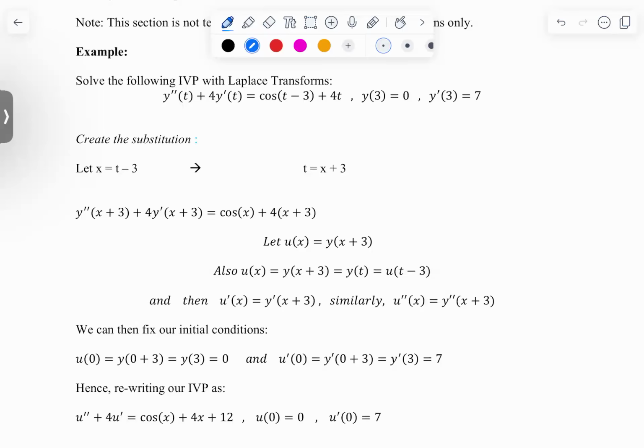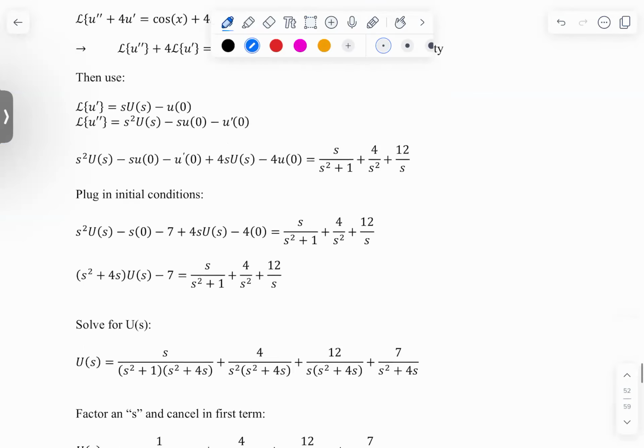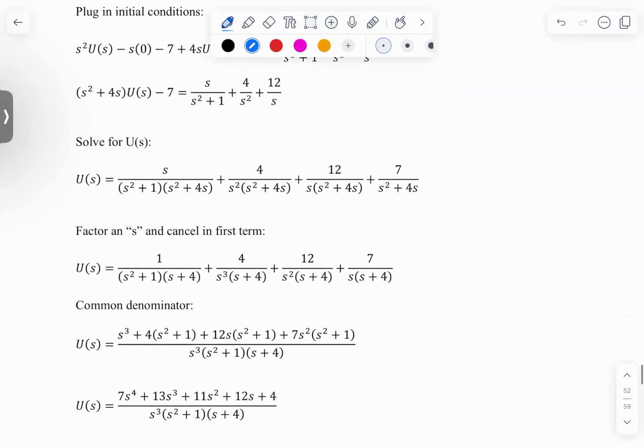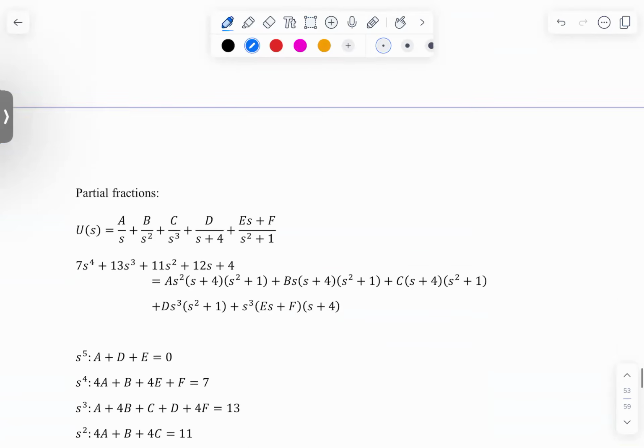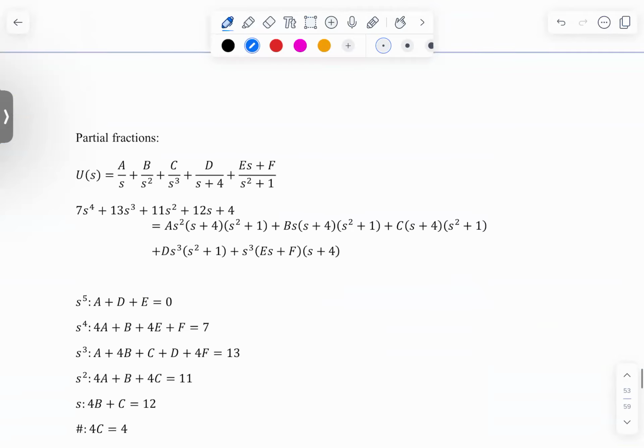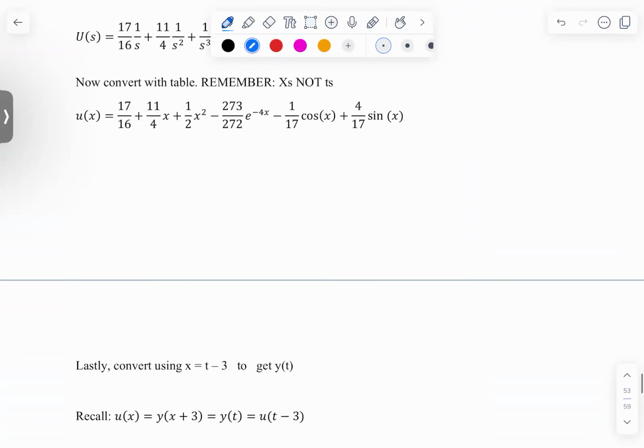That's all the same. But this was 4t, and when I put in x plus 3 for t, it becomes 4x plus 12. That's actually it. Now this is exactly an equation to solve. Solve it exactly like we were doing: do Laplace transform, then do inverse Laplace transform, partial fraction fun.